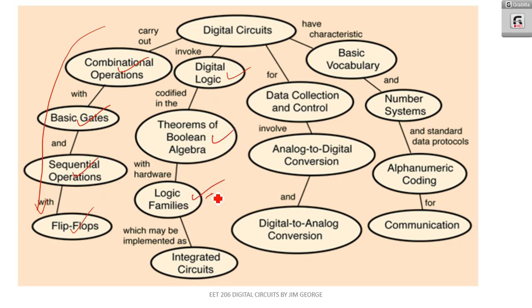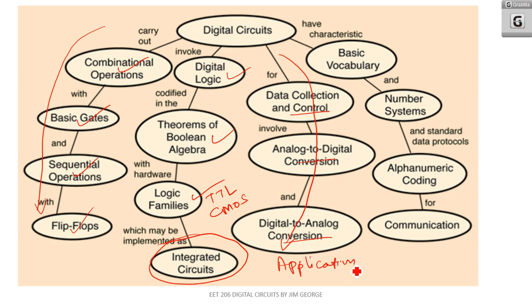We have TTL and CMOS logic families, which are implemented as integrated circuits. Now coming to where the application is. The application of digital circuits is for data collection and control, which involves ADC as well as DAC, as I have mentioned. So this track stands for the application part.